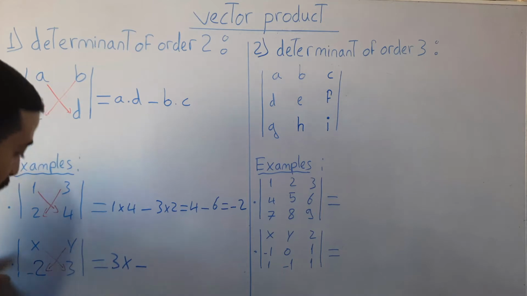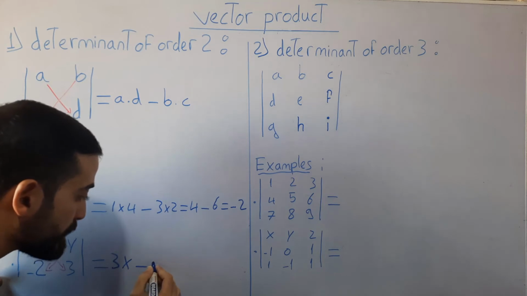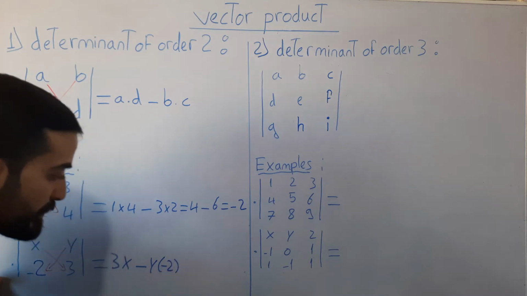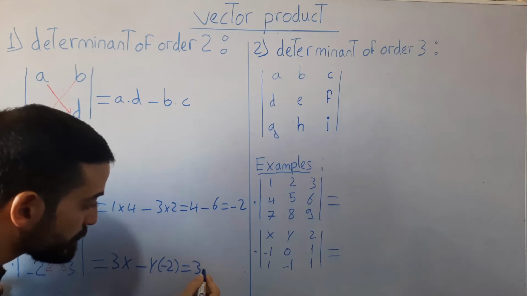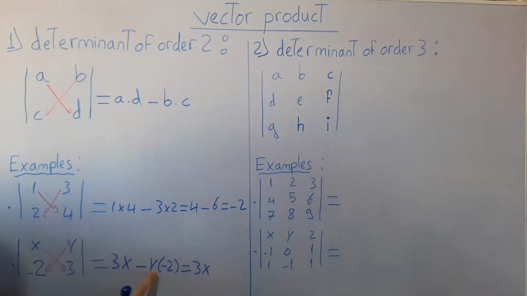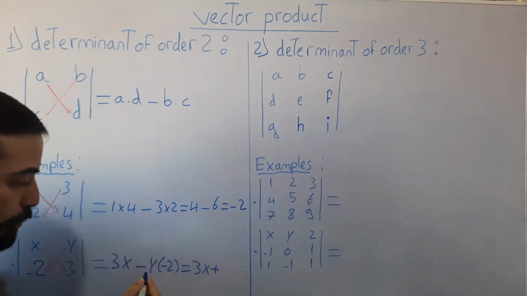Minus y times minus 2. So it equals 3x, minus times minus plus, so plus 2y.